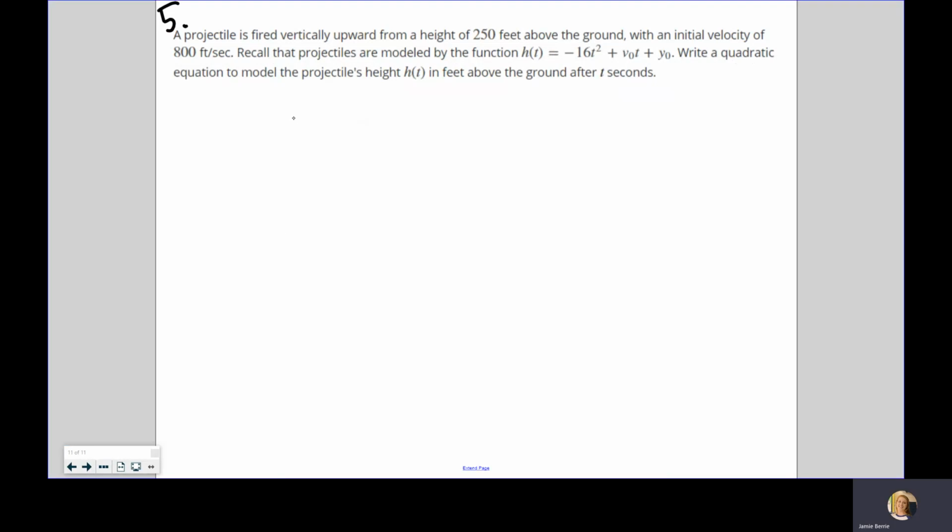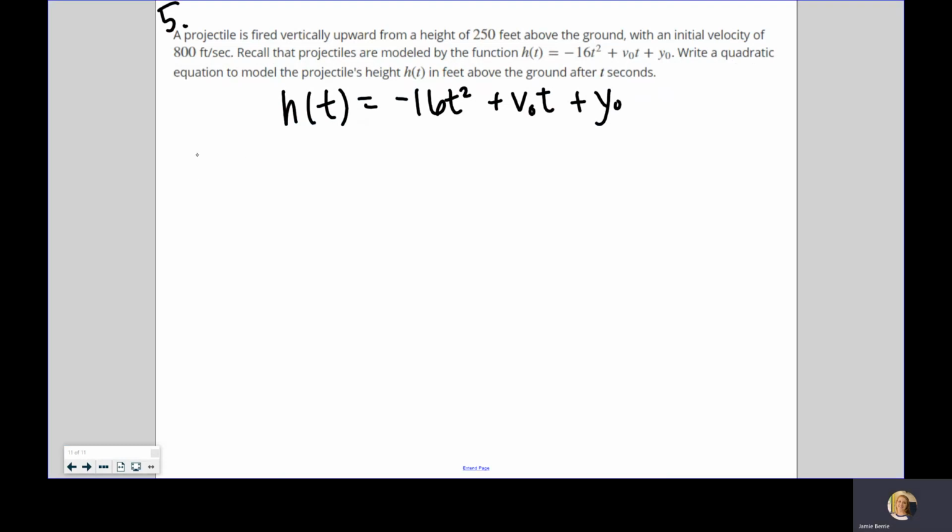All right, so here is the formula for a projectile. So this could be like throwing a ball off of a roof, or throwing a firework from the ground or from the top of a hill.